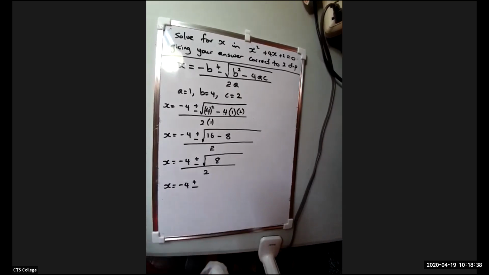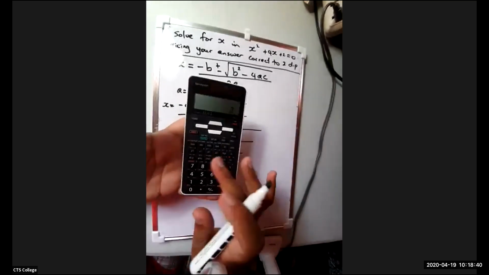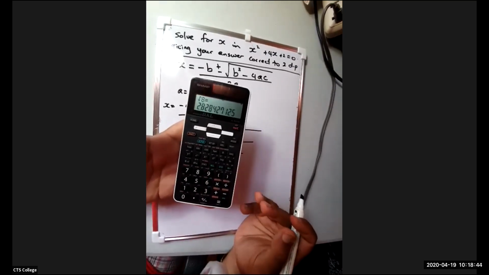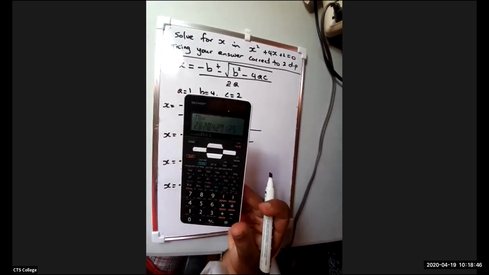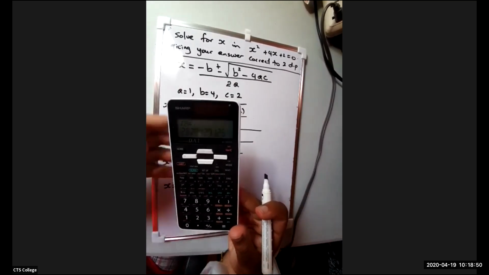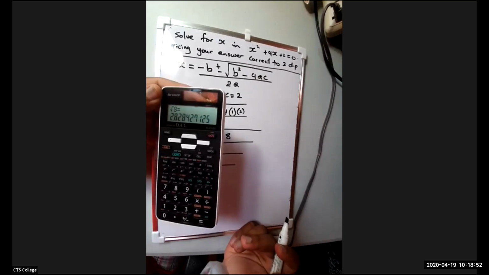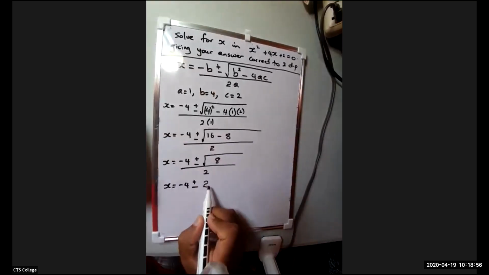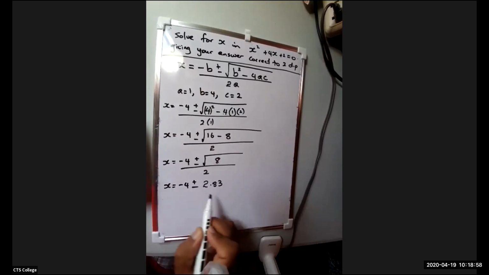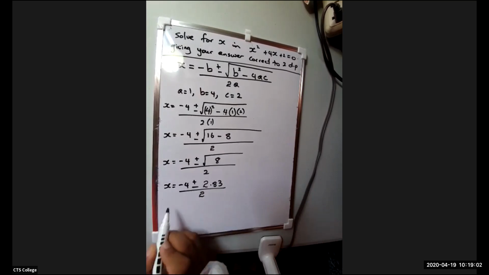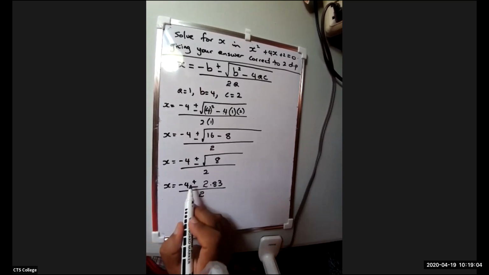What is the square root of 8? On our calculator, we will type the square root of 8, and we will get 2.83 to be exact. Let's keep it as 2.83, of course 2 decimal places, right? All over 2. And this is where this plus or minus sign comes in.